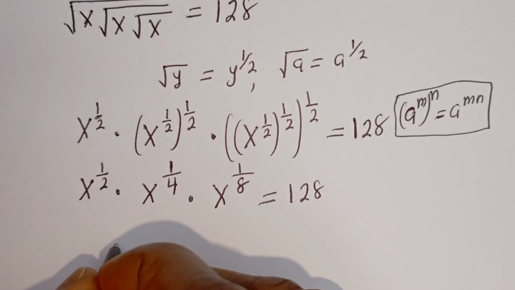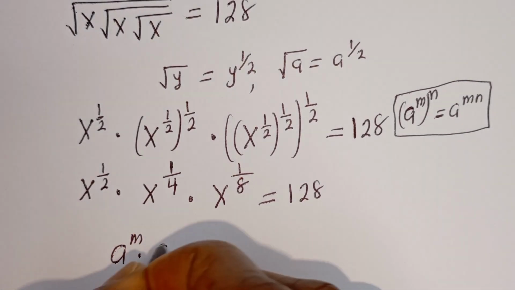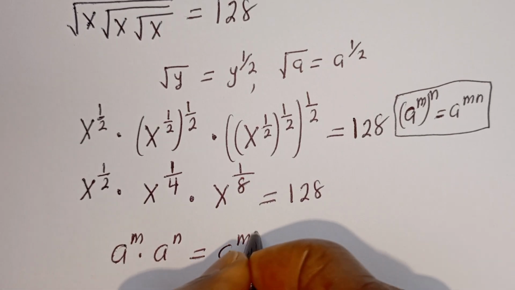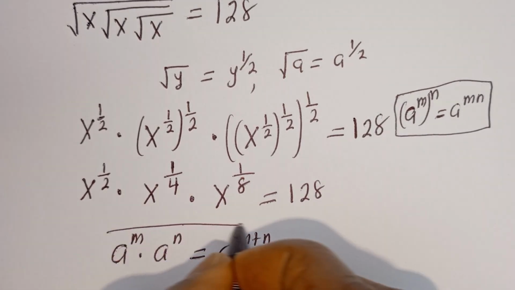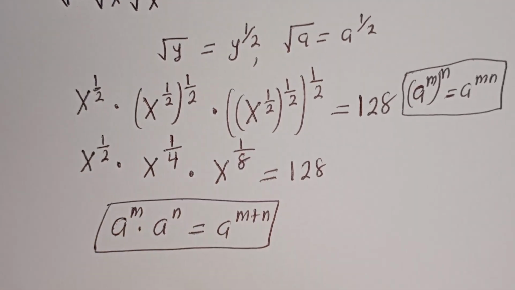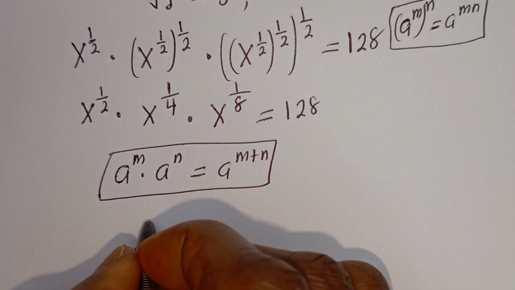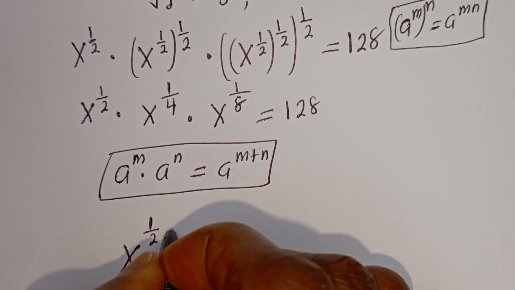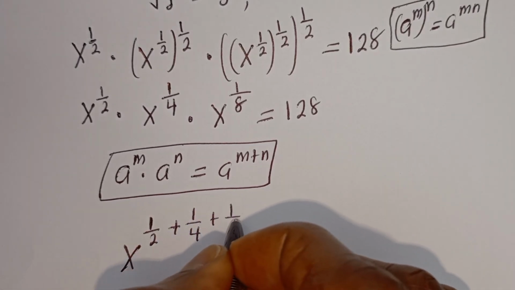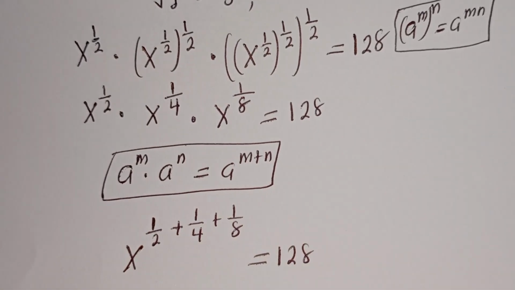Now take note of this: if you have a to the power of m multiplied by a to the power of n, this is equal to a to the power of m plus n. So this can be written as s to the power of 1 over 2 plus 1 over 4 plus 1 over 8 is equal to 128.